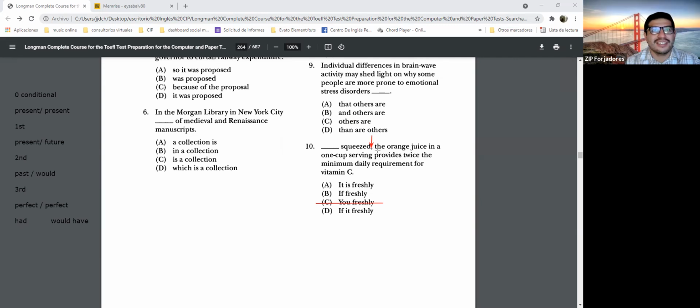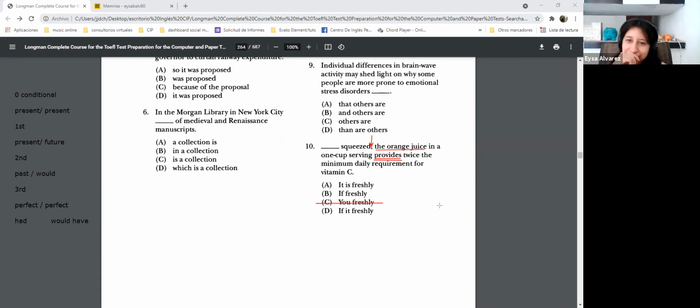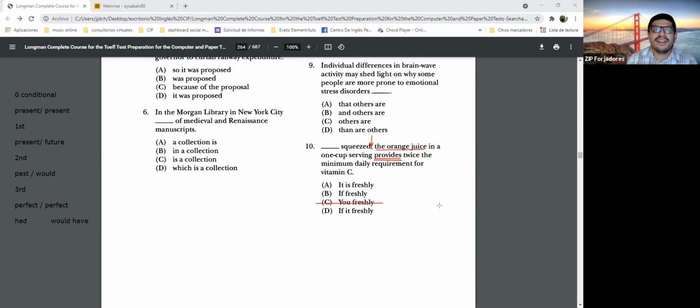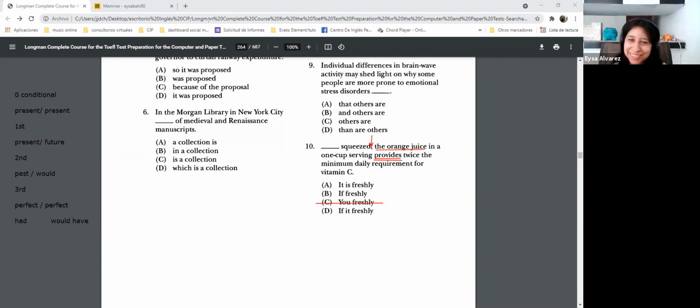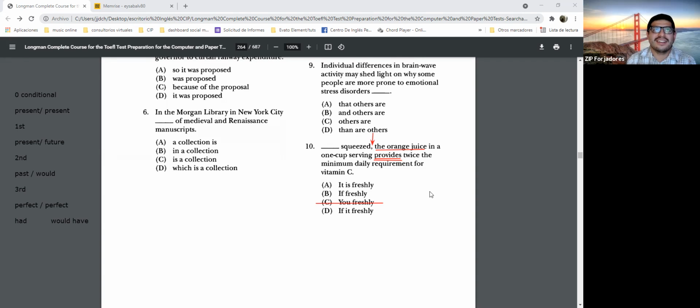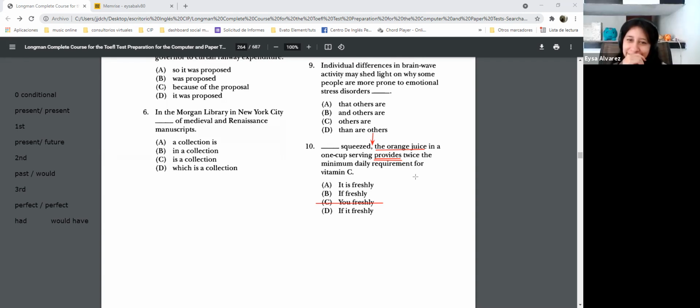The orange juice is the subject, provides is the verb, and twice the minimum daily requirement is the object of the action provides. And for vitamin C is the prepositional phrase. Yes, that's right.